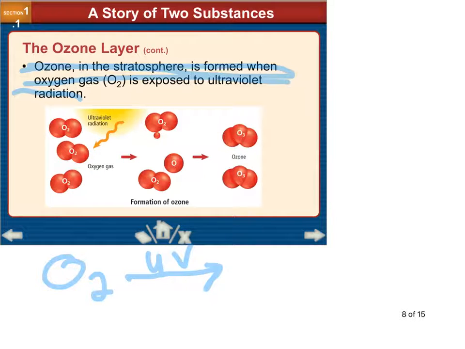Ultraviolet radiation hits the oxygen gas and it causes ozone, which is O3, to be formed. For every 3 molecules of O2, we're going to get 2 molecules of O3, which we'll learn later in the year, called balancing chemical equations.